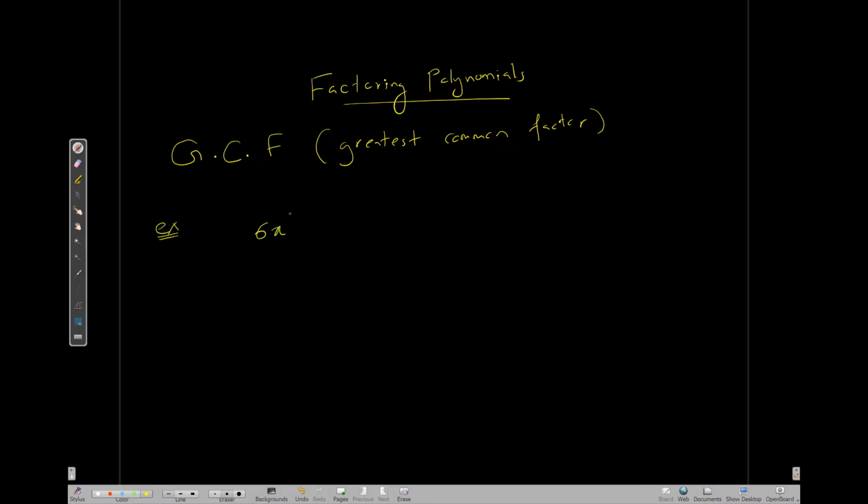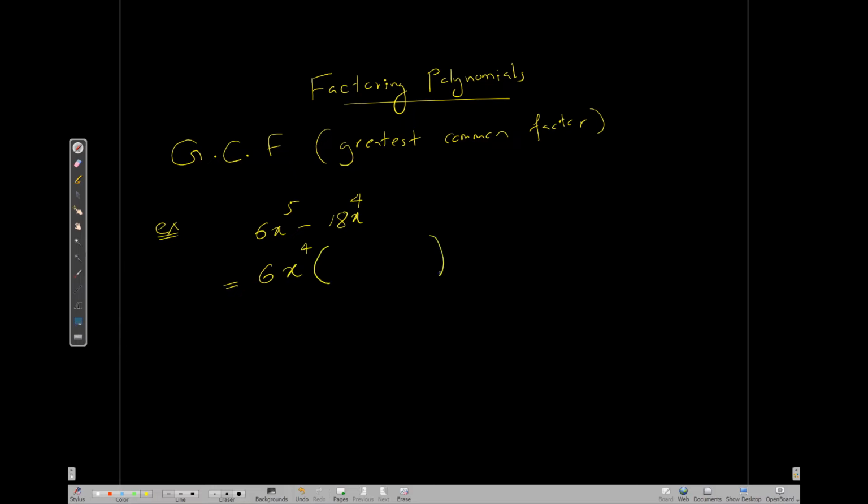Let's say you have this polynomial, 6x to the 5th minus 18x to the 4th. So this is a degree 5 polynomial. Now, when you look at this, look at the numbers 6 and 18. I can pull 6 out. And look at the powers of x, x to the 5th and x to the 4th. I can pull x to the 4th out.